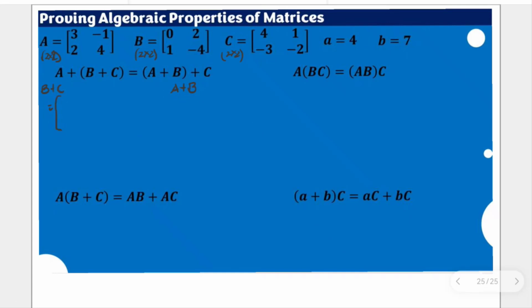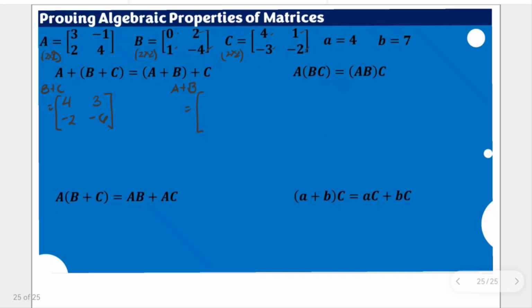When we add, we simply add the entries. So for B plus C, 0 plus 4 is 4, 2 plus 1 is 3, 1 plus negative 3 is negative 2, negative 4 plus negative 2 is negative 6. That's for B plus C.